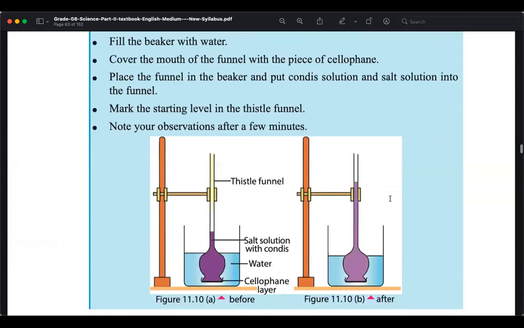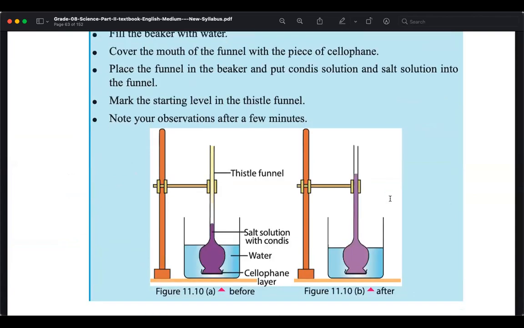This experiment can be done with a thistle funnel, and also you have to use a transparent cellophane layer. Cellophane, I think you know, is used in Vesak lanterns and buckets, the red color, blue color cellophanes.